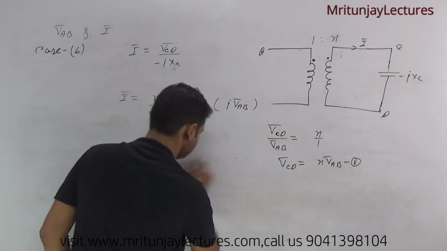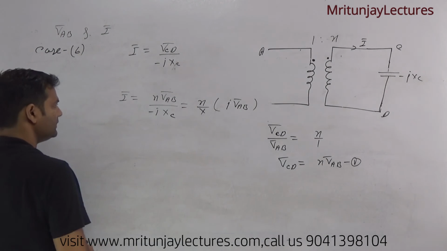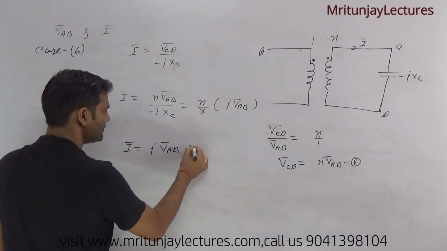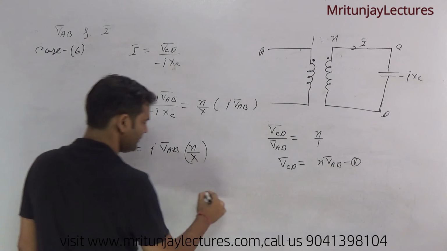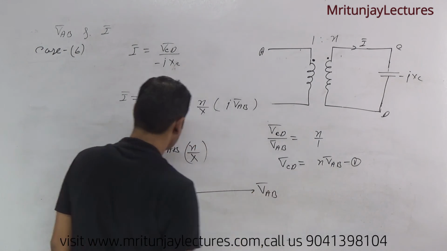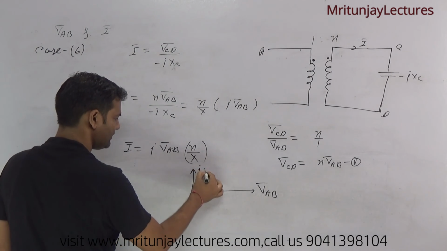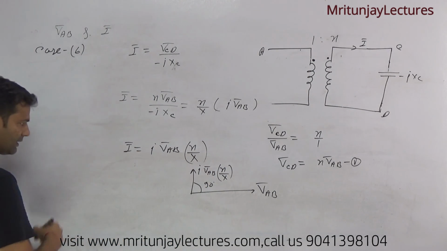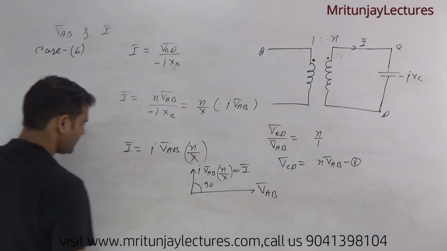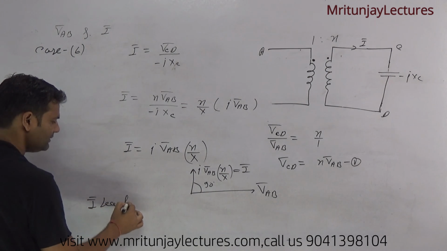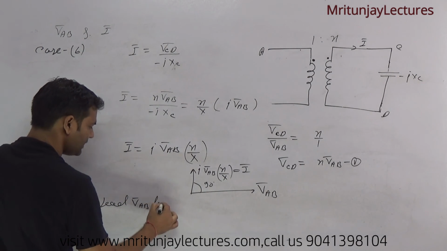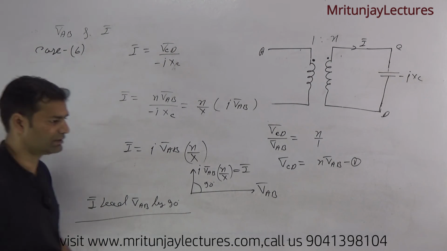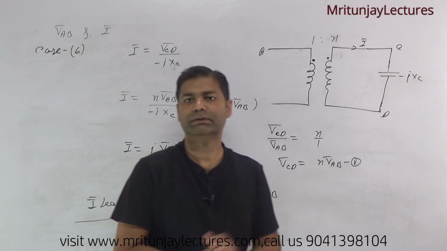Now in this case, I is equal to j V of AB into n divided by X. So if V of AB is like this, then j V of AB into n divided by X is at 90 degrees, that is I. So I leads V of AB by how much angle? 90 degrees. This is the final answer. Make it. There are six possibilities. Okay, make it.